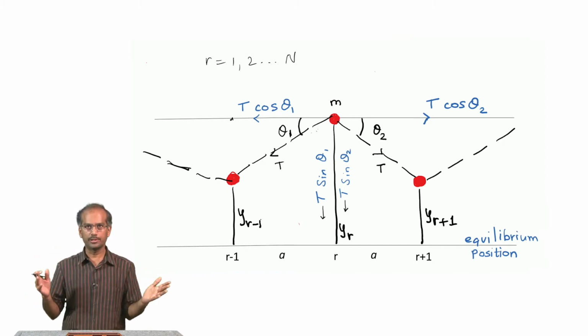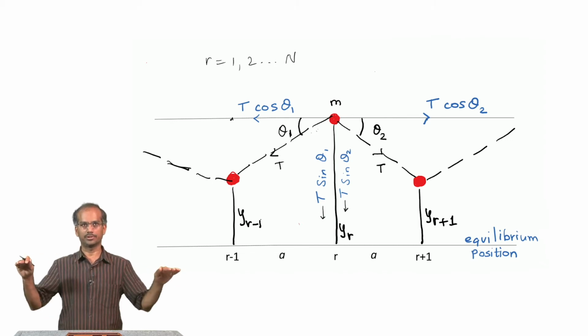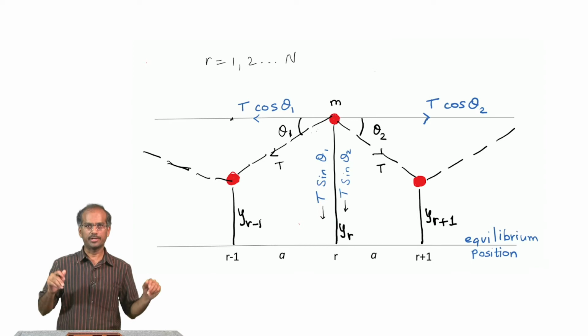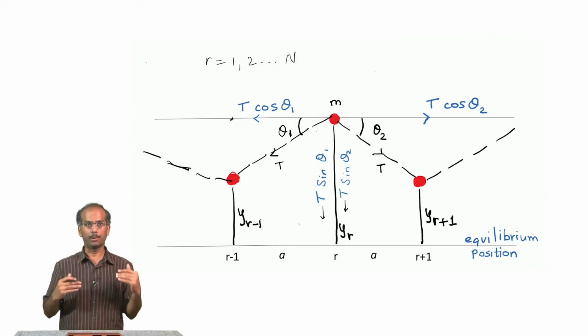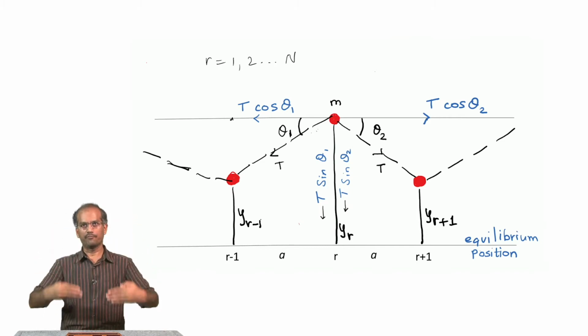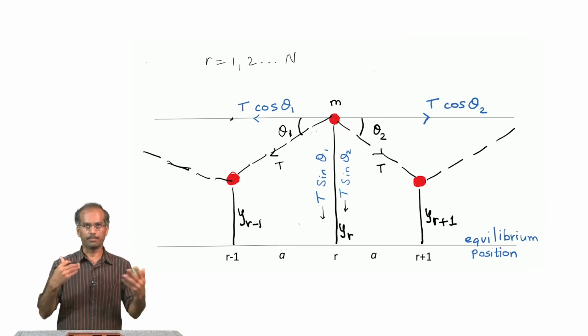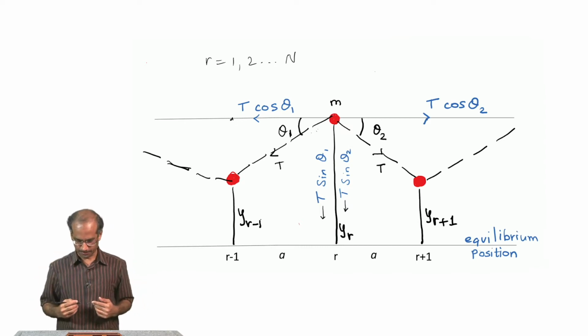If you do not do anything to this string, it will simply settle at the equilibrium position. Once you give it a tap, it will start oscillating about the equilibrium position. In particular, we are assuming that all the oscillations take place in one vertical plane, so there are no components in perpendicular directions.